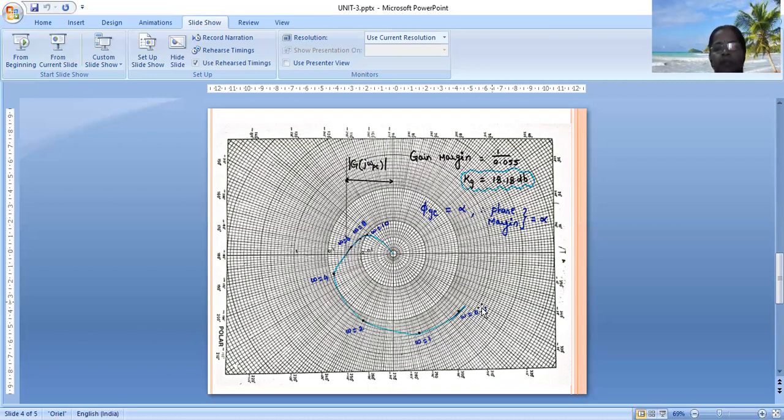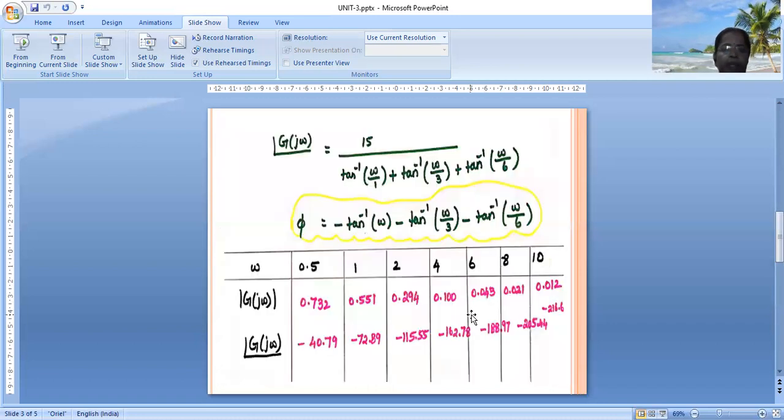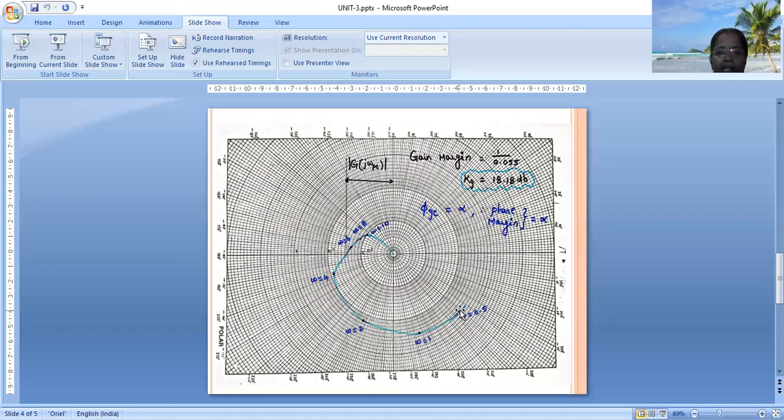Okay. So for omega equal to 0.5, you already know the value. Magnitude value is 0.732. The angle value is minus 40.79. That value only I marked. Here you see, this is 40, so nearly 41 I marked. The magnitude value is 0.732, so 0.7 is in between 0.1 and 1.